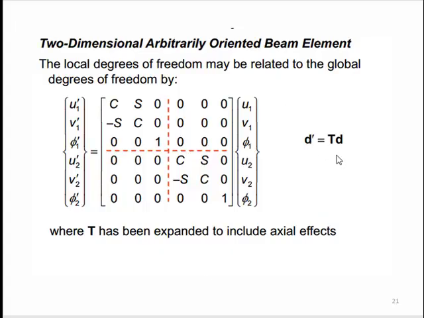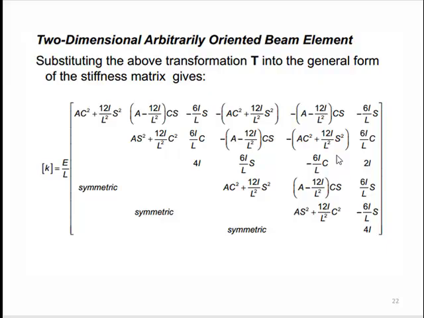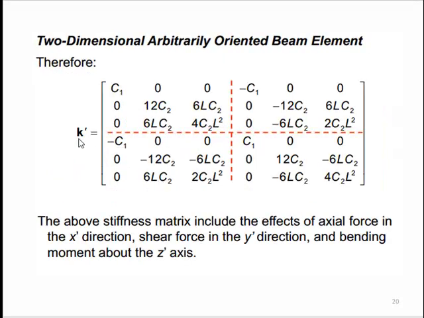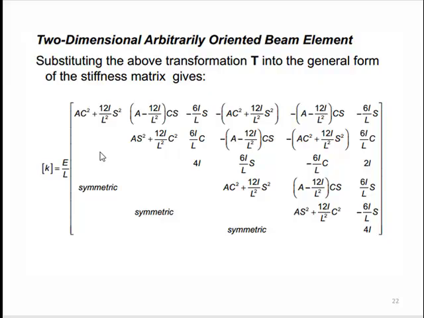d prime is equal to T times d, and we substitute the above transformation T into the general form of the stiffness matrix. How do we obtain this? We obtain this by multiplying the transpose of T with the element stiffness matrix in terms of the local coordinate system, and multiplying that with T, the transformation matrix. So when we calculate T transpose K prime T, we get this matrix.